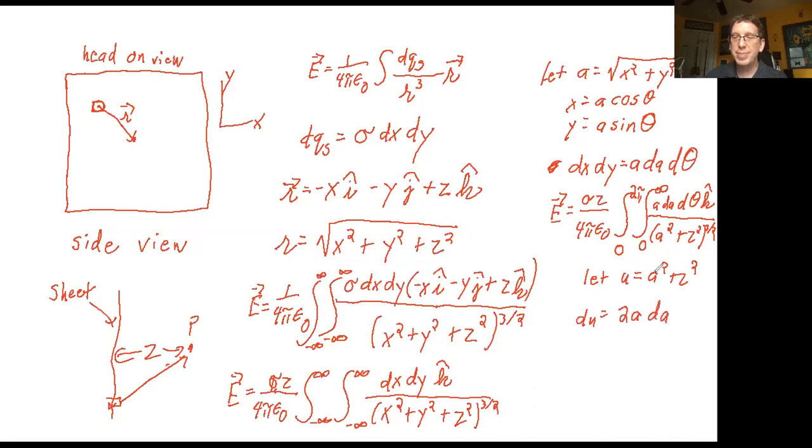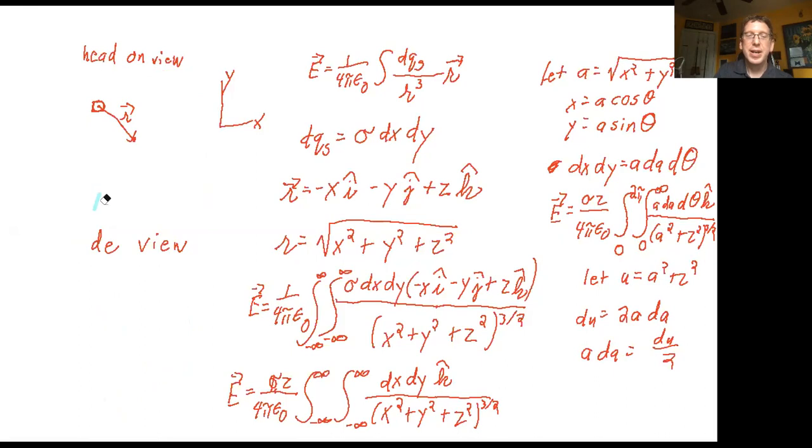So again, we're doing a substitution here. The differential of u is equal to 2a dA, so that a dA is equal to du over 2. Now let's erase and give ourselves some space to work with. Setting up the integral is the hard part, actually doing the integral less so.